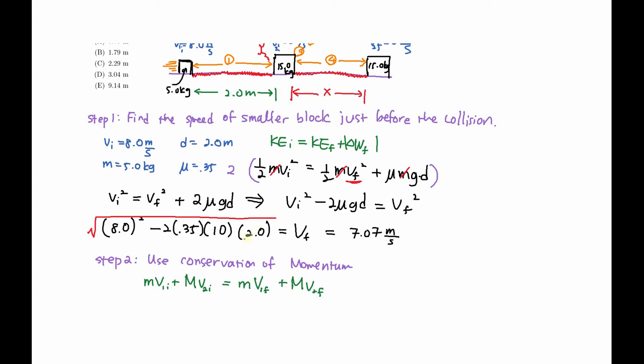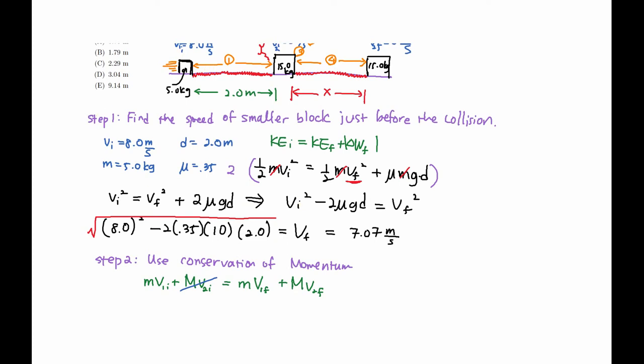We're given that the initial velocity of the big block was 0 because it's stationary, so we can cancel that out. And also the final velocity we found from step 1 now becomes the initial velocity in our second frame of reference.